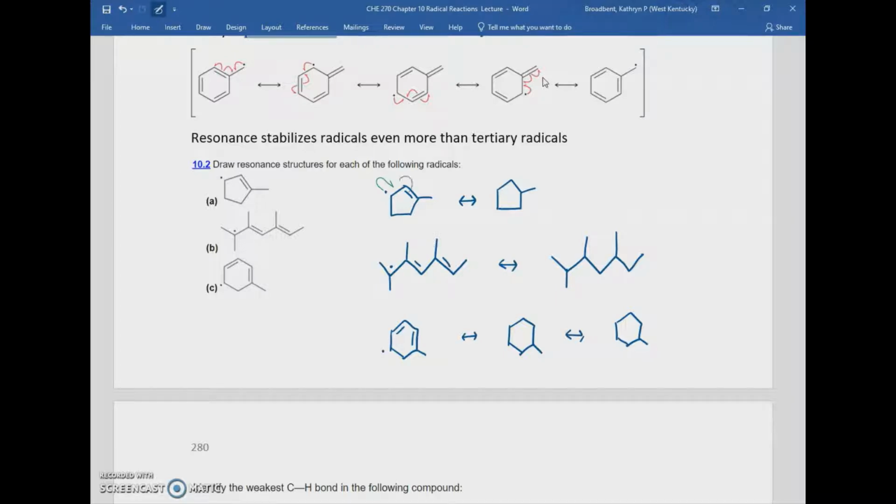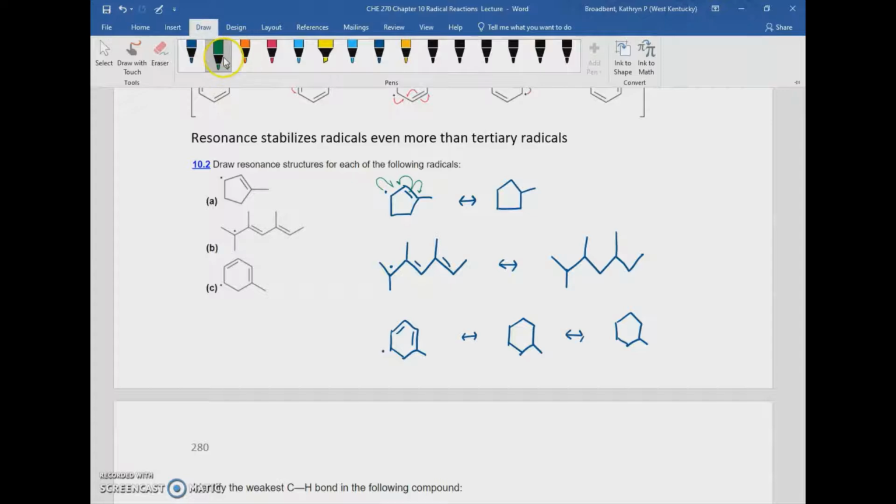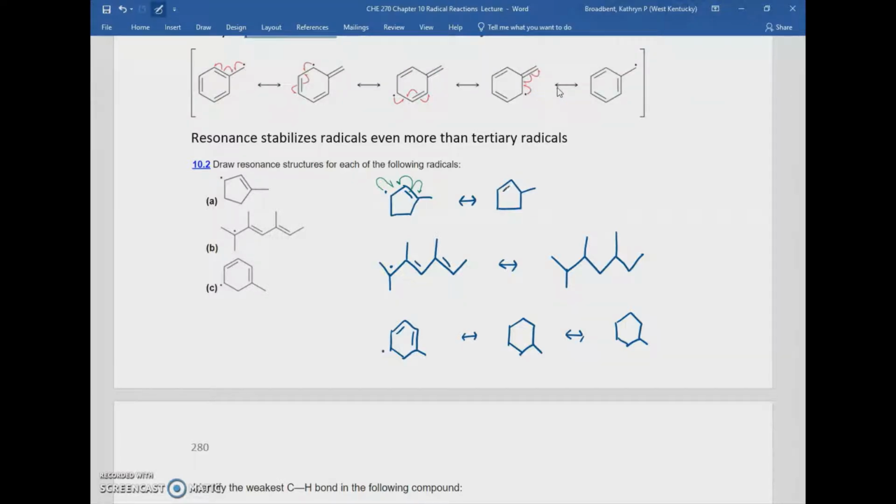One of these electrons will join that electron in making the pi bond. The other one will make a free radical here. So what we'll end up with is, go back to this, there'll be a double bond here, and the radical has been moved.